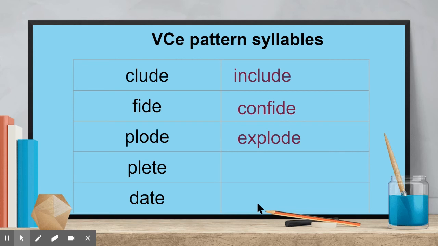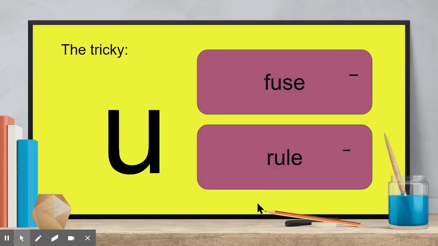Okay, and they give you some word parts here, and they ask you to think of some words that might include these word parts, because often that silent E can come at the end of a two-syllable word. It's very common at the end of two-syllable words that we will have a short vowel, then a long vowel sound. They will also talk about, just for a brief second, the quirky U, the irregular U. So we have a word like fuse, like you, right?